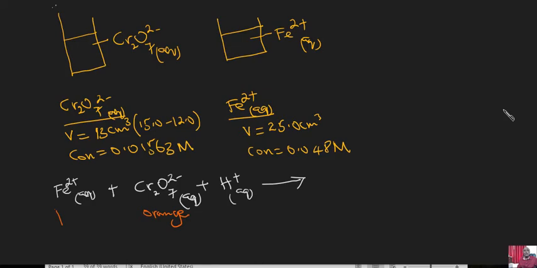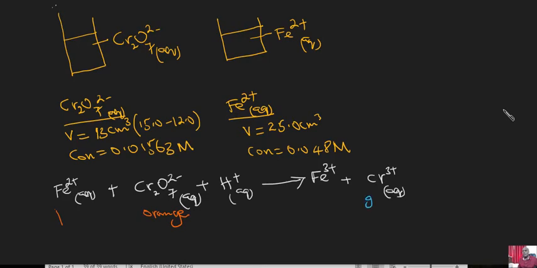And on the other side, we have said iron 2 is going to be oxidized to iron 3, and dichromate 6, as it is doing the oxidation, will be reduced to chromium 3. And chromium 3 is green.